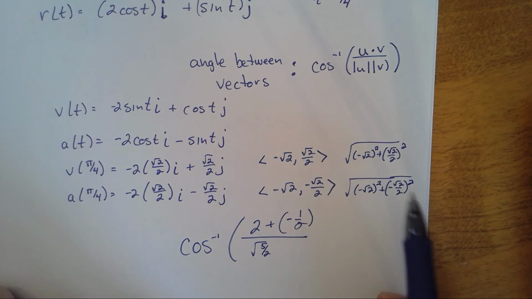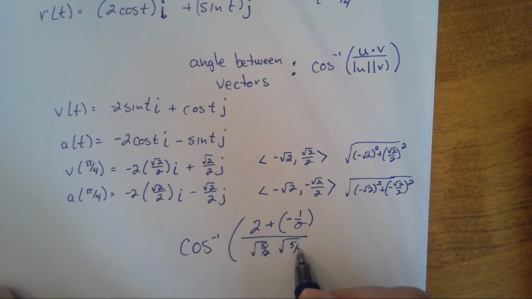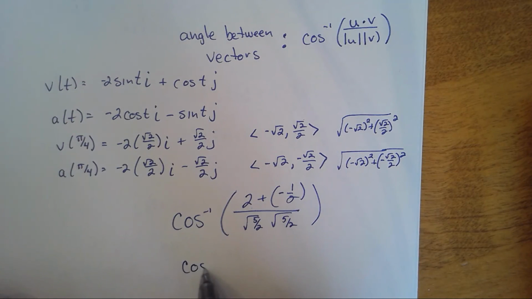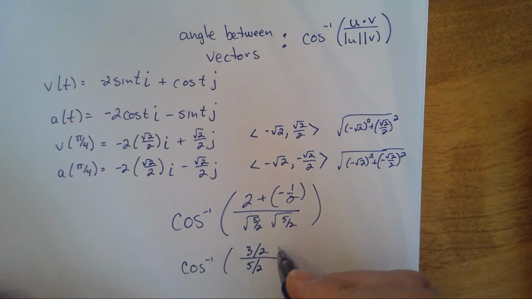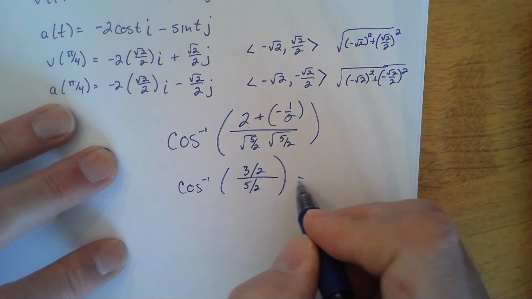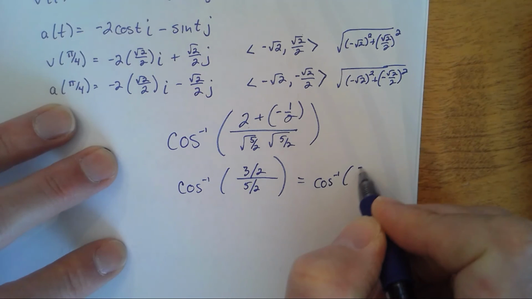So this is going to work out actually pretty nicely. So I have the inverse cosine of 3/2 divided by 5/2. So it's the inverse cosine of 3/5.